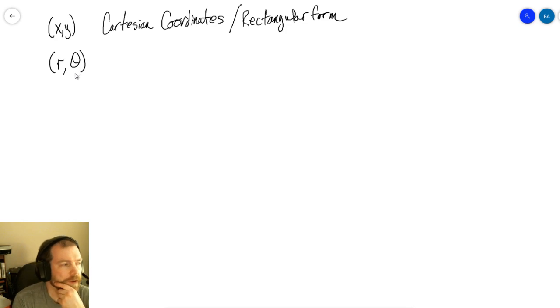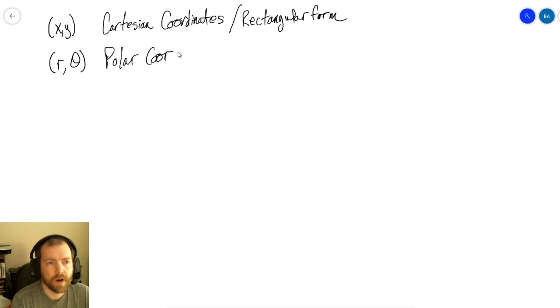We talked a little bit about r and theta in terms of trigonometry, and realistically it's the same sort of thing. So these are our polar coordinates.